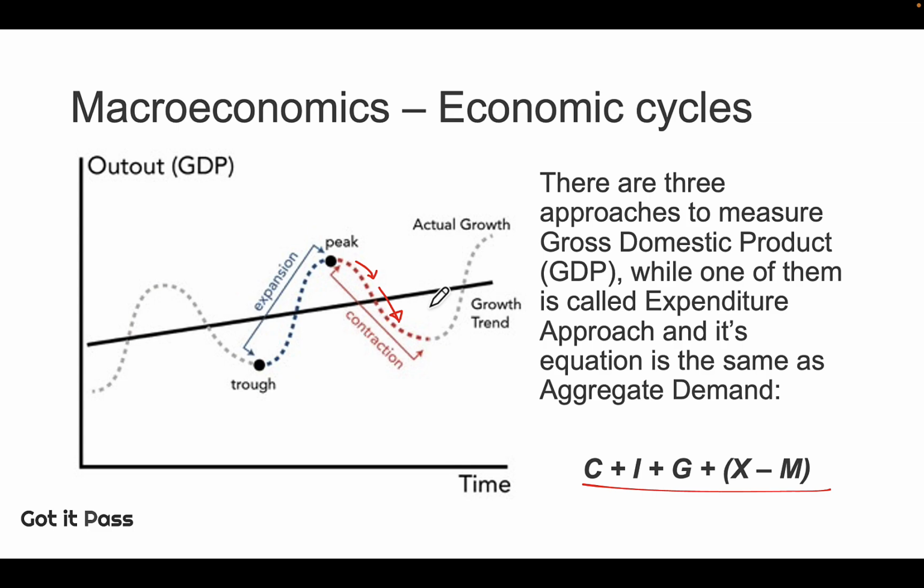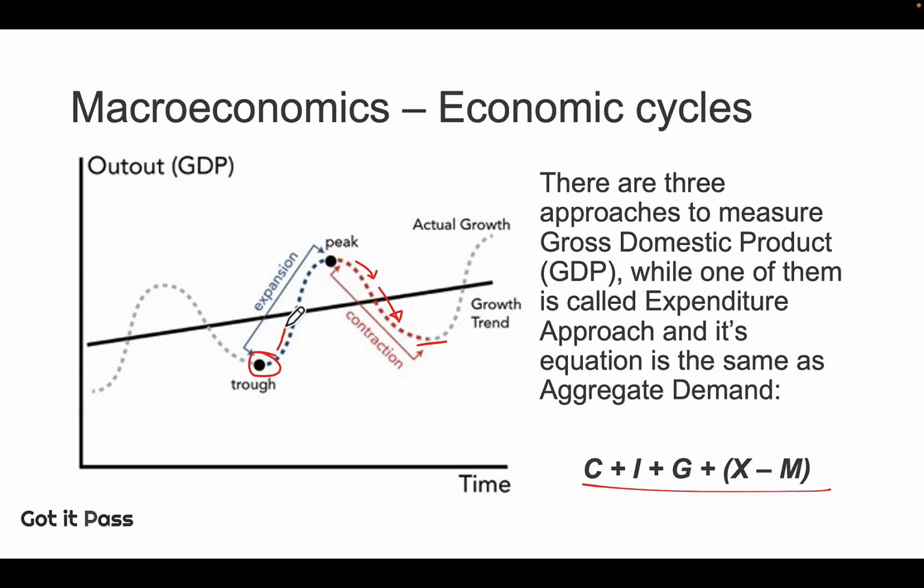So here at the bottom, they call trough, or the bottom of the economic cycle. Eventually, there may be some new innovation or invention that pushes the entrepreneurs to invest. Then the economic activity begins to pick up.